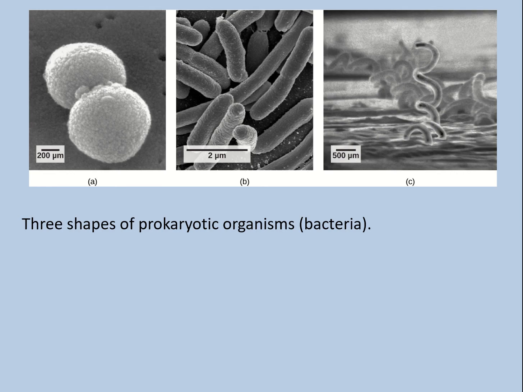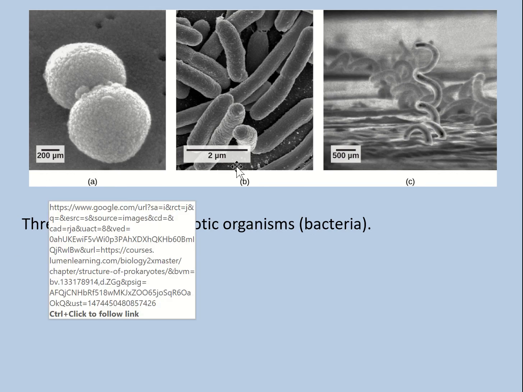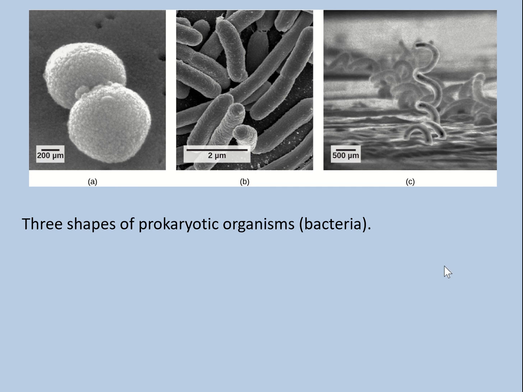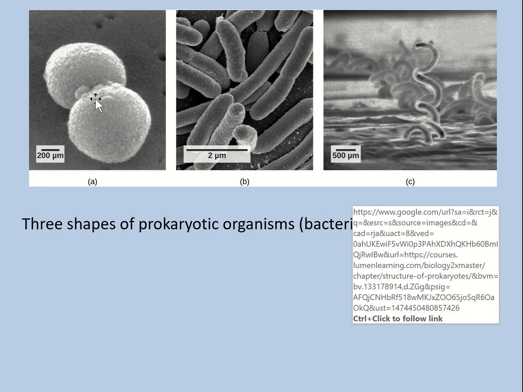They come in quite a lot of shapes and sizes. Note how tiny we're talking, so we'll talk about micrometers here. We've got circular bacterial cells. What we call these circles, cocci. So you've heard of things like Staphylococcus, Streptococcus or Streptococci.